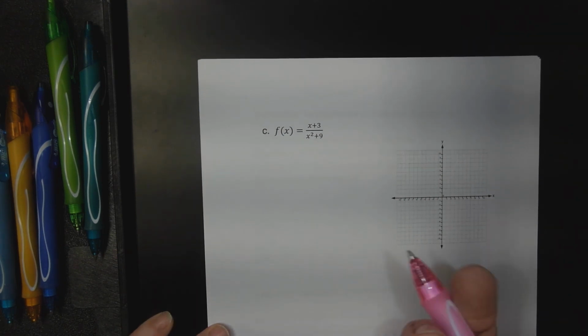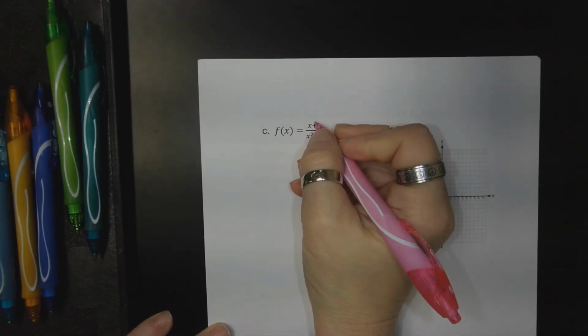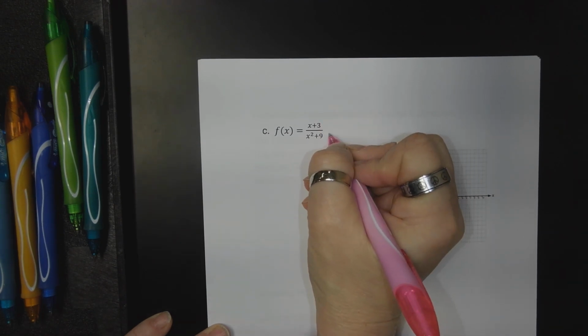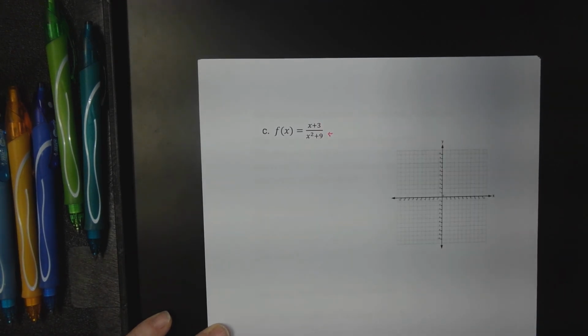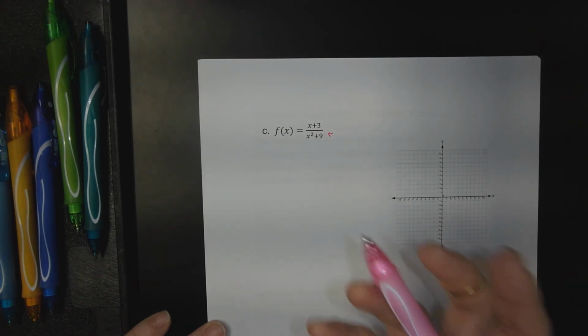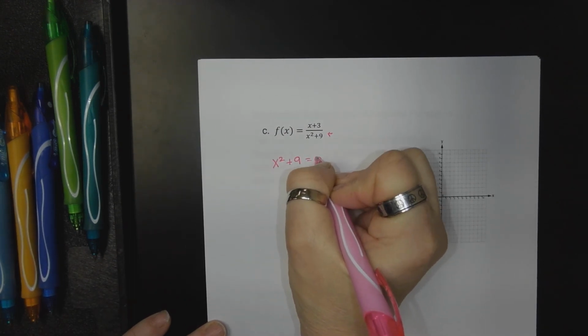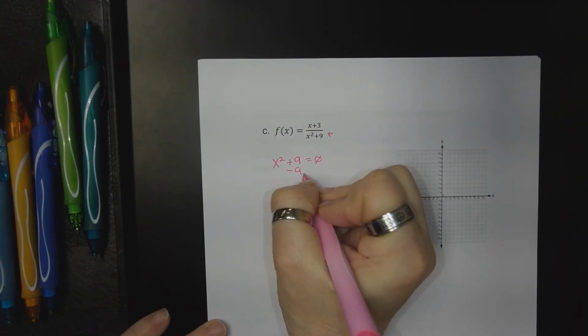And now let's work this one. So on the bottom here, let's factor this. x squared plus 9 equals 0. Let's subtract our 9 over.